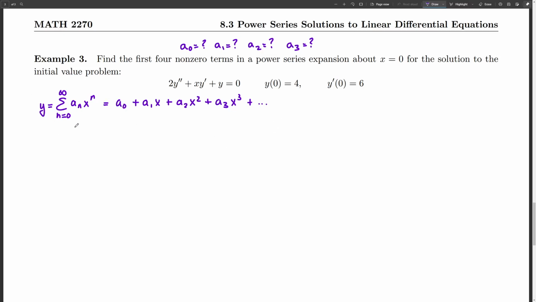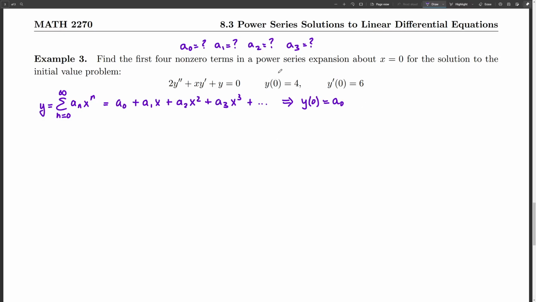Now, another thing to note is that when you have the power series expansion here, we can see that y at 0 is a0, right? Because if we plug in 0 for x, all these terms disappear.